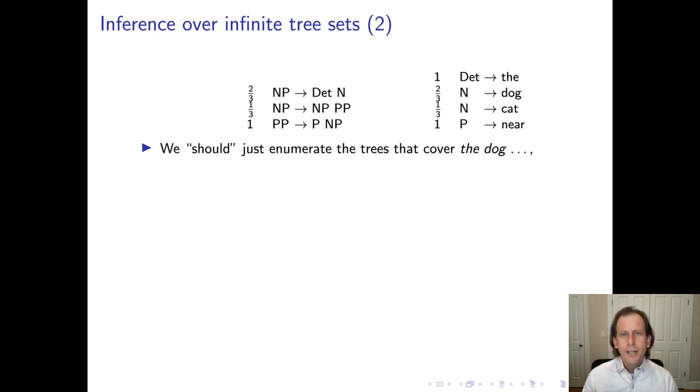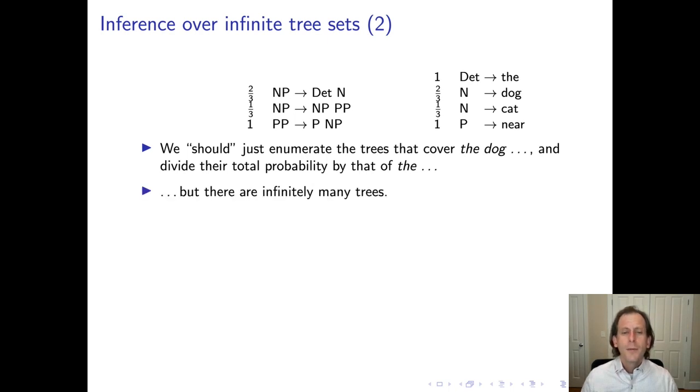So based on the definition of string prefix probabilities, we should be just enumerating the trees that cover the string prefix the dog, and dividing the probability of those trees summed by the total probability of the string prefix the. But there are infinitely many trees, so you would be stuck with an infinite sum.